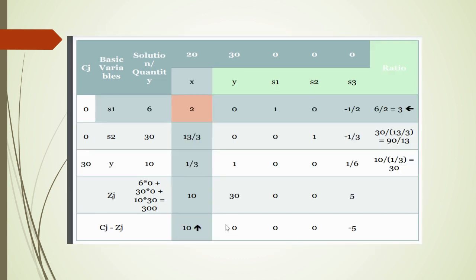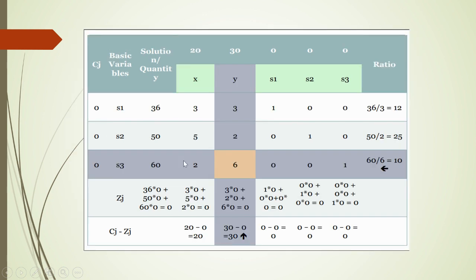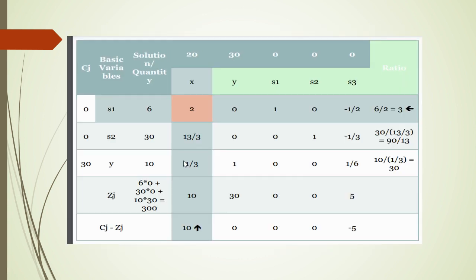First we multiply by 2, which gives 20, 2 by 3, 2. After that, we subtract from the second row, which is 50. So 50 minus 20 is 30.